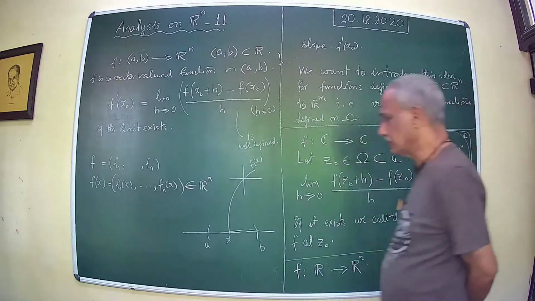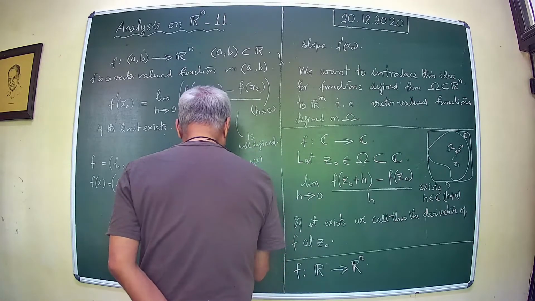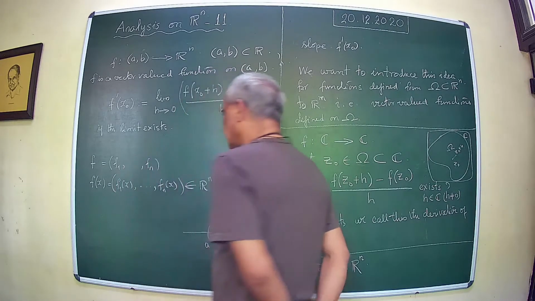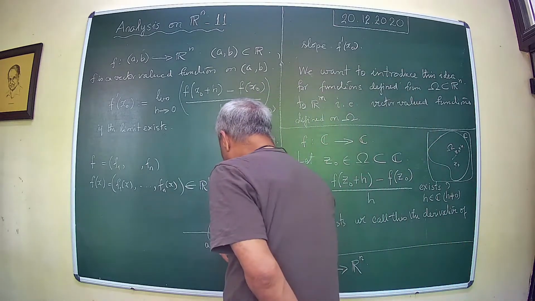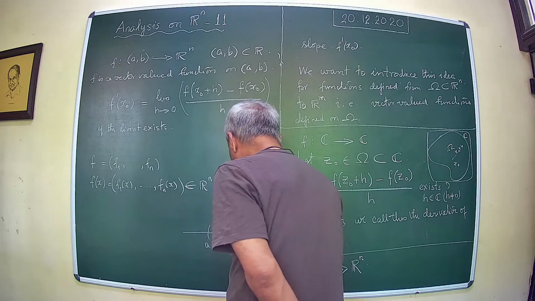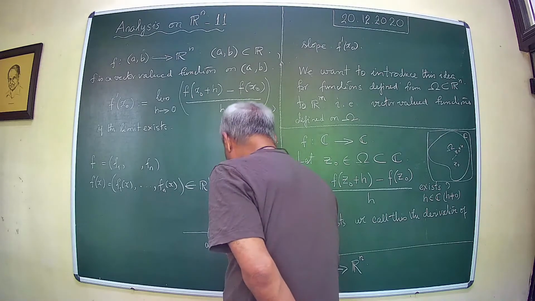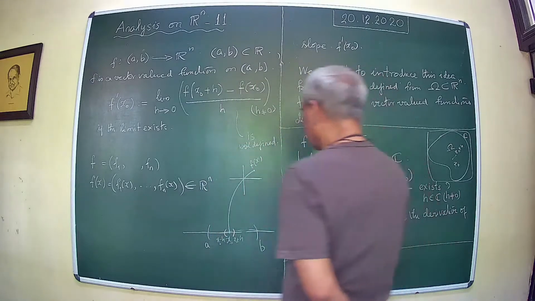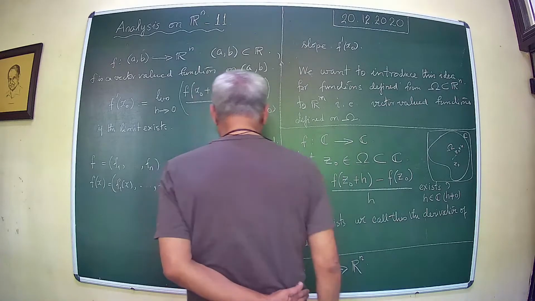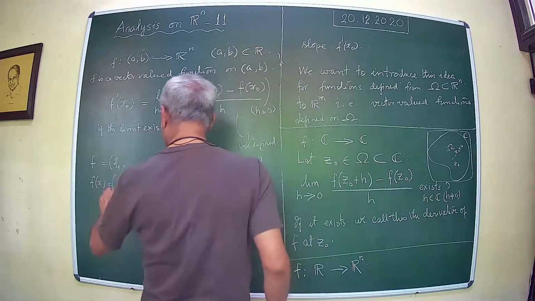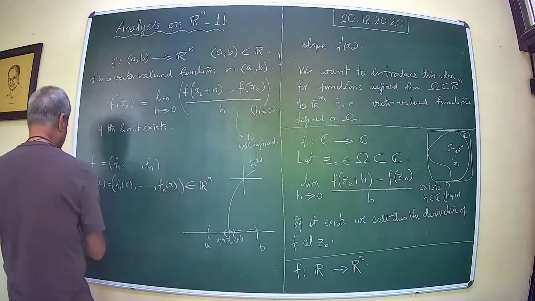What about this? You are taking x plus h to x minus h. So you are taking a neighborhood of this, and this is x minus h. Or let me put x naught here, so that you don't confuse with this. Therefore, this is f of x naught. So what you have? You have f of x naught plus h is this.